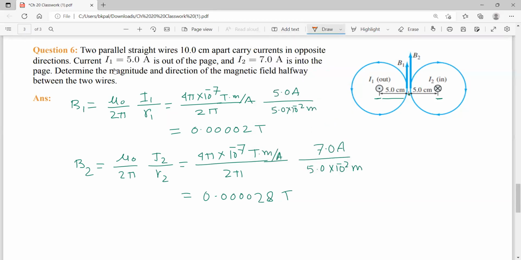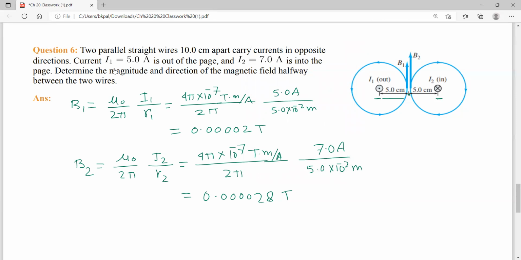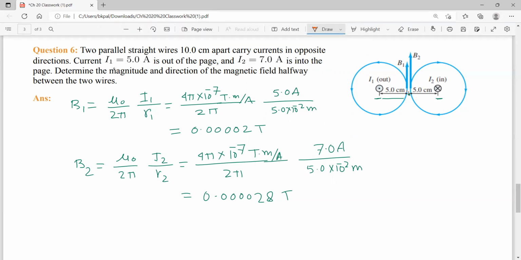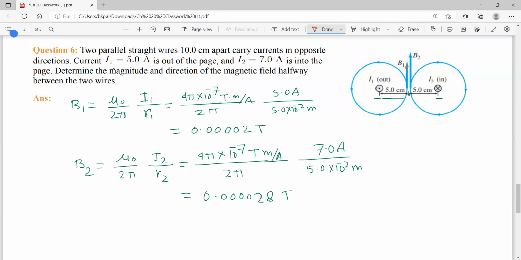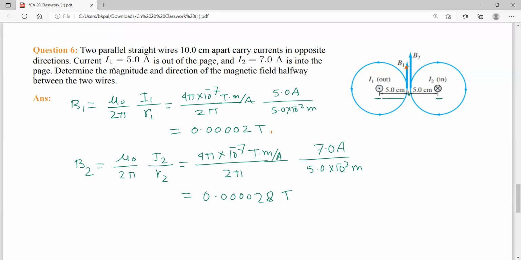So first let's try for B1. Use the first right hand rule, and here I1 is out of the page. If it is out of the page, you can see that the direction of B1 at this point is upward.